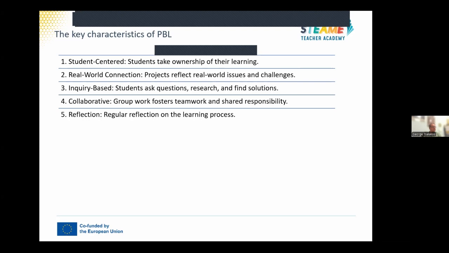The driving question must give birth to inquiry in the students. We have collaboration. It's a very important characteristic of project-based learning. And we have to make, on a regular basis, reflection on their learning process.